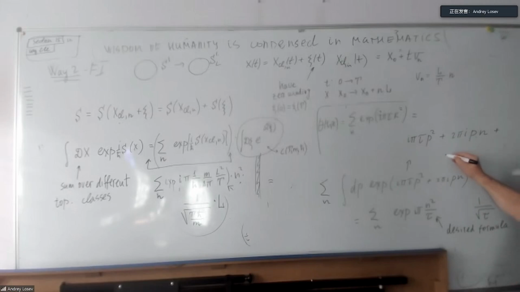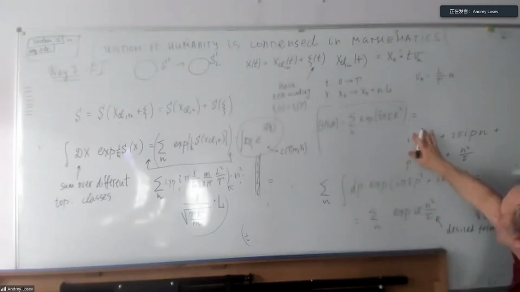I need to add another object. That is, of course, n squared over tau. So let me take pi out of it.